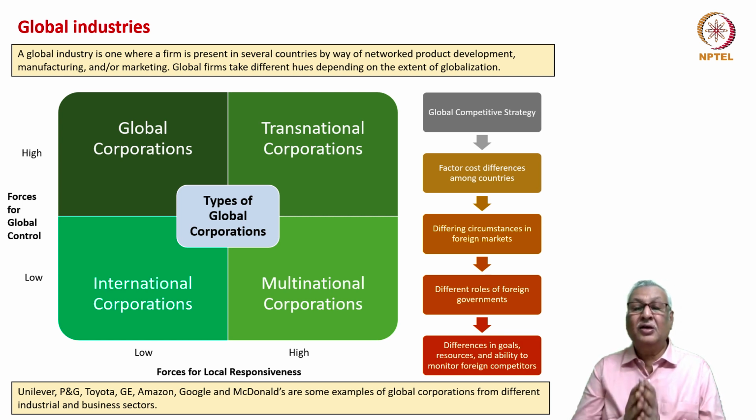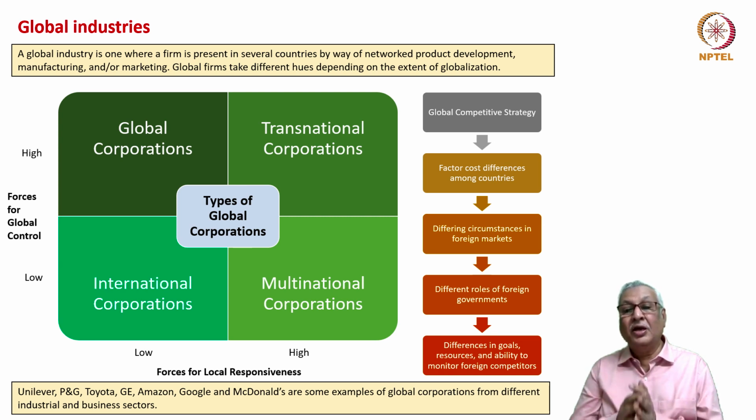That is, they conduct R&D, manufacturing, marketing, supply chain in all the parts of the world, because each has got its own requirements in terms of responsiveness, and each has to be subject to global control in terms of global standardization. So in creating these kinds of global corporations and this kind of global strategy, you have to follow a global competitive strategy.